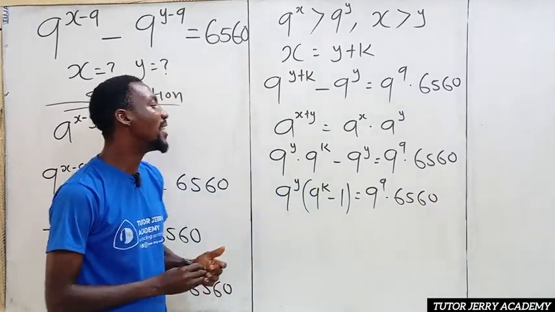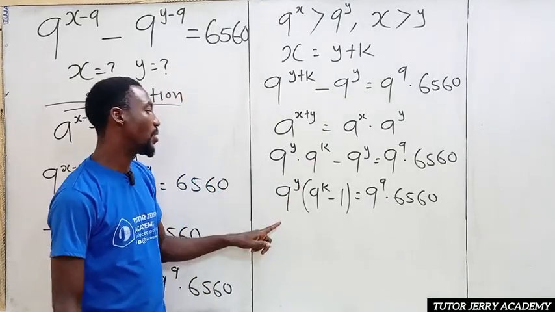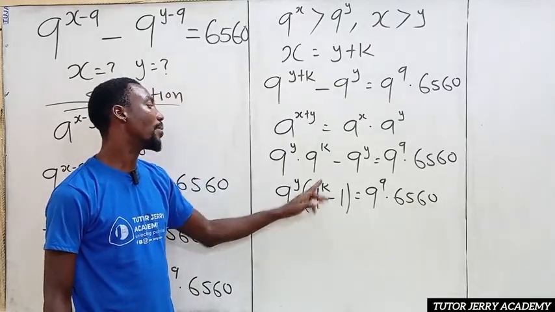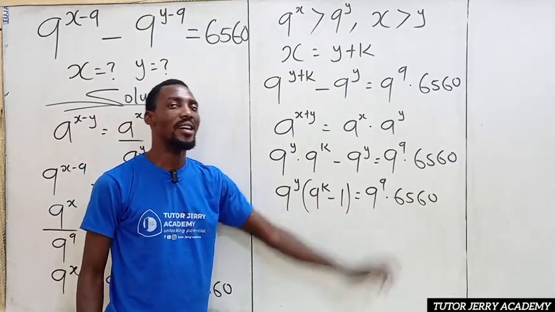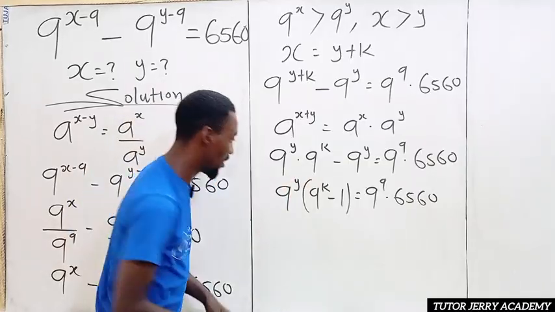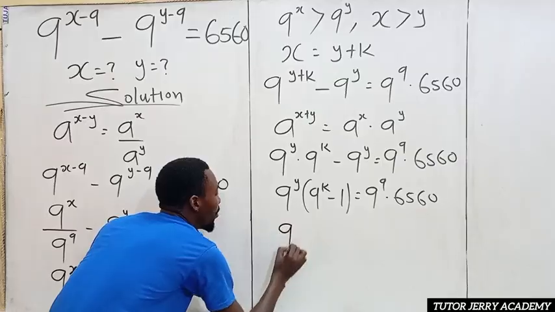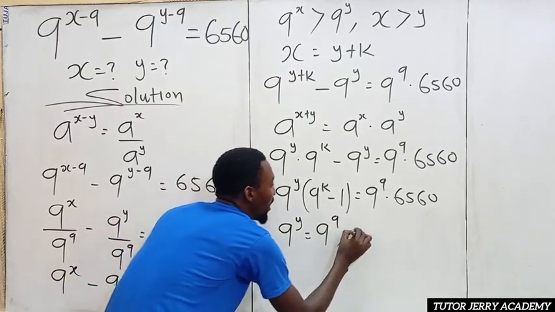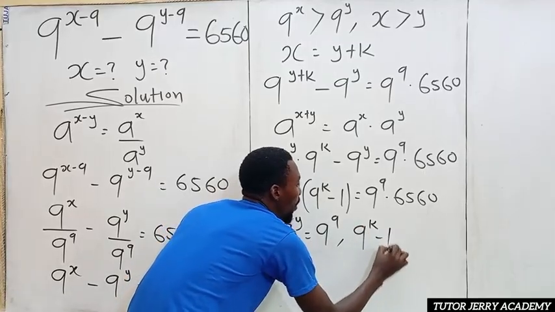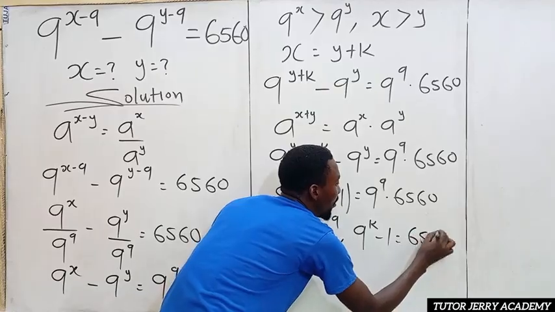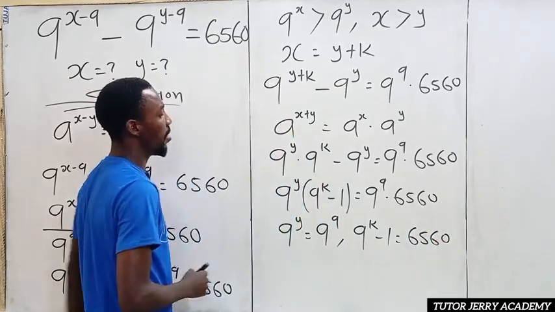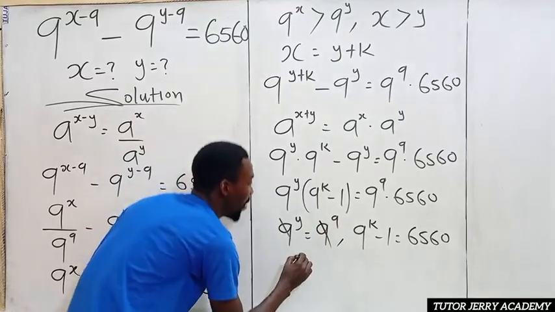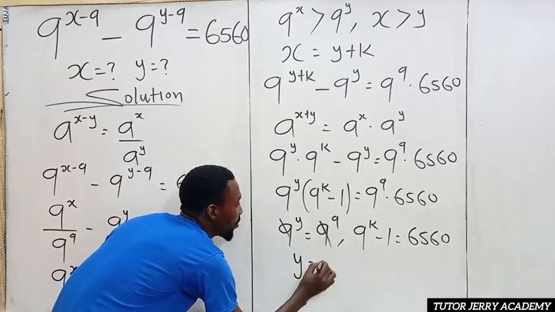So by equating the left hand side with the right hand side, it shows that 9 to the power of y will be equal to 9 to the power of 9, and 9 to the power of k minus 1 will be equal to 6,560. Alright, so from here, you observe that the bases cancel out. The value of our y will be equal to 9.